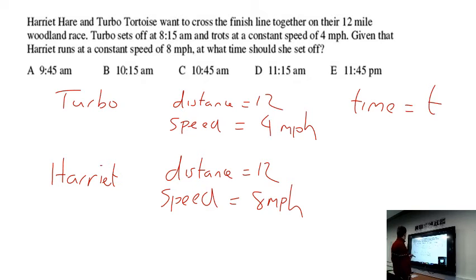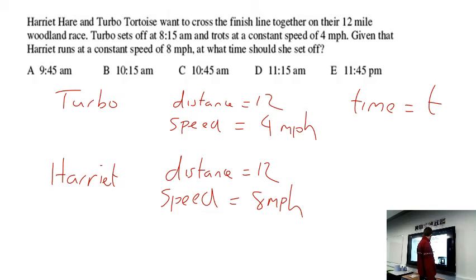So what we're trying to get, the aim is for them to arrive at the finishing line together. So there's going to be a difference in time, isn't it? So there's going to be a bit of a lag here.